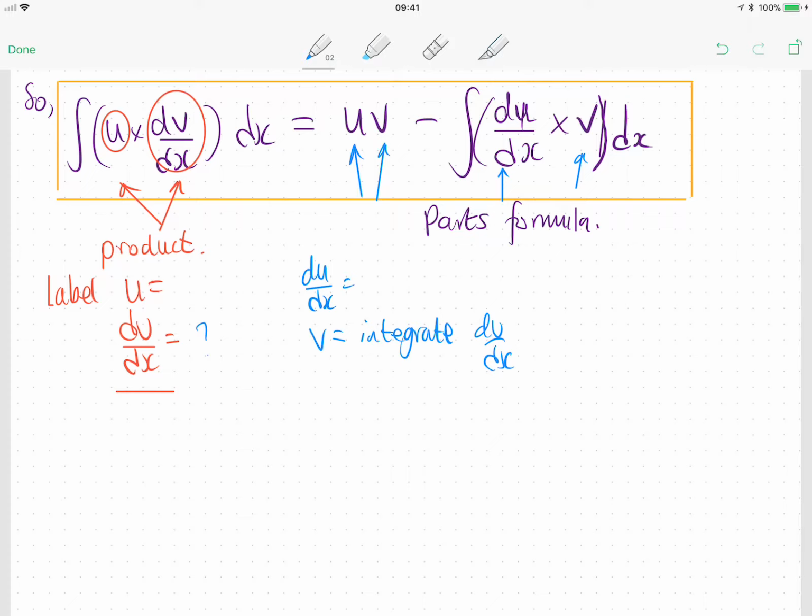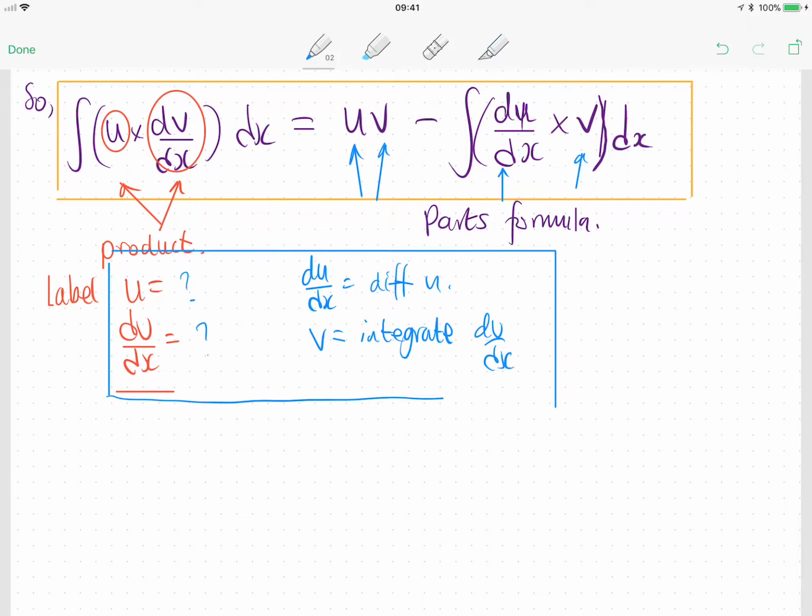Okay, so we have u, whatever that is, we have to differentiate it to find du dx as part of our formula. I can't stress it enough, really. If you label your answer this way, you don't even need to remember the parts formula. You just need to know your times in this way, u times v.